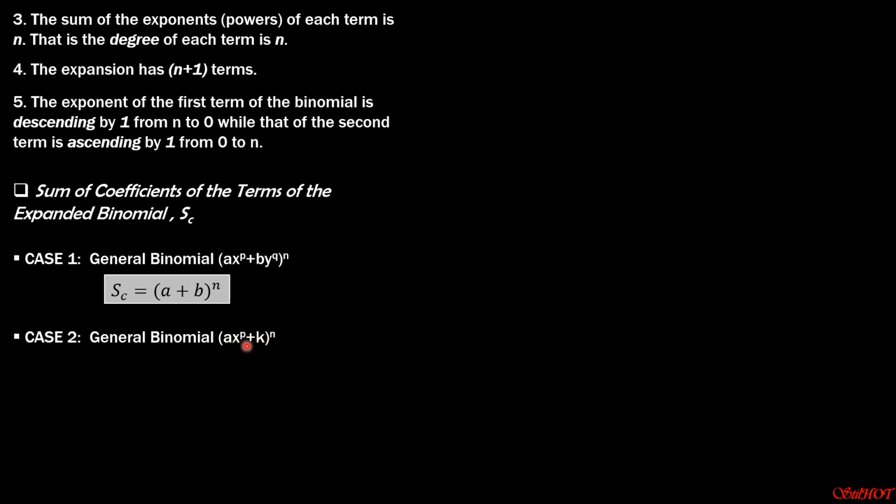So in this case here, k is a constant. So therefore, if you use the principle earlier stated, then k raised to n will be accounted as a coefficient, where in fact it's not a coefficient because it is a constant. It is a constant term, so without variable.